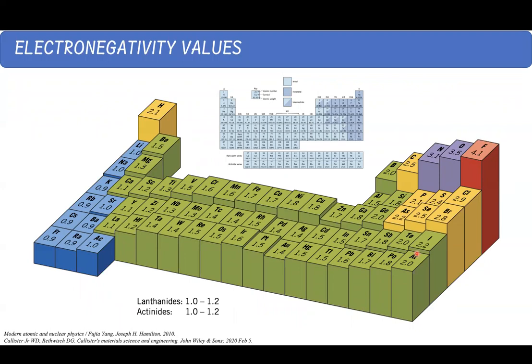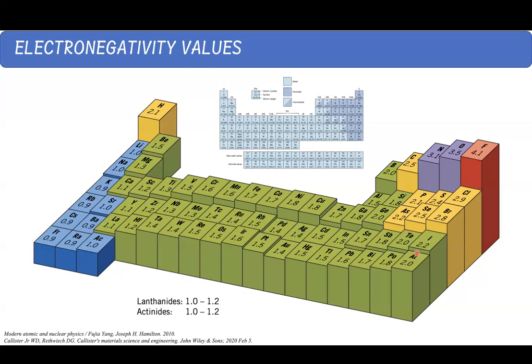The electronegativity value is how much energy the elements have to take electrons from others to get a full electron configuration for their atoms. So fluorine has the highest electronegativity value. These kinds of elements want to take electrons from others very happily.